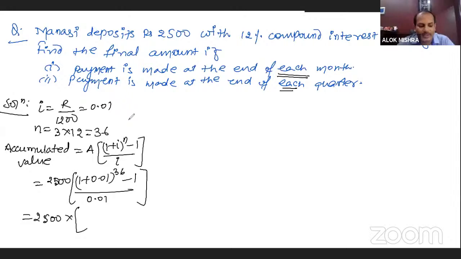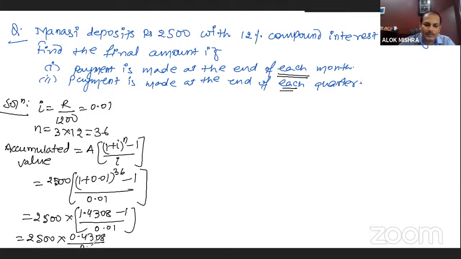Yes, Ashley, how much are you getting? 1.4307. Rounding off, 1.4308 I am taking. Fine. So this is 2500 into 1.4308 minus 1 upon 0.01, which is 2500 into 0.4308 divided by 0.01.